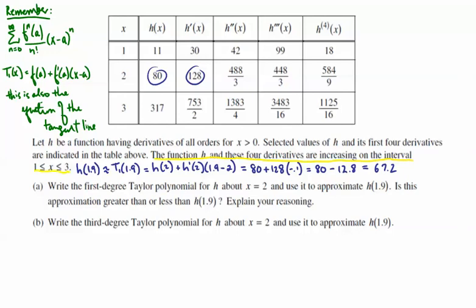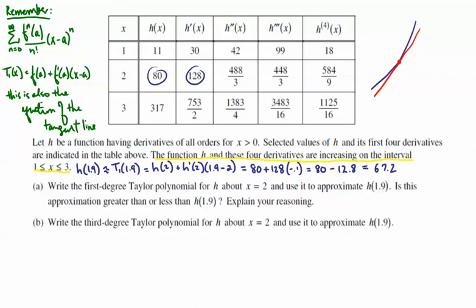So, if the function is increasing and the first derivative is increasing, then we have a concave up segment that looks something like this, and any tangent line drawn to a concave up segment is going to under approximate for all values other than the point of tangency.